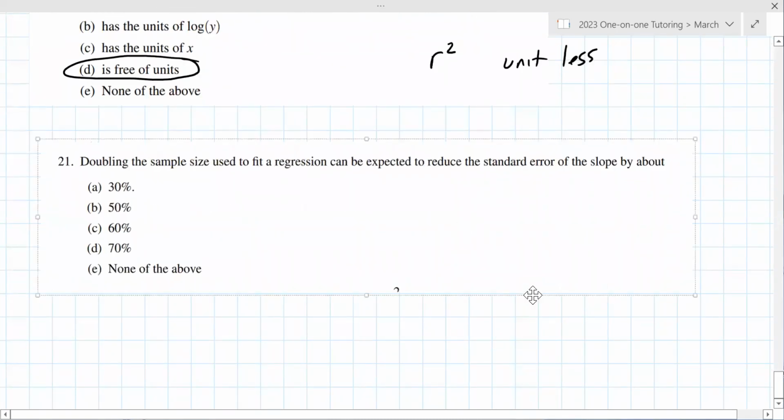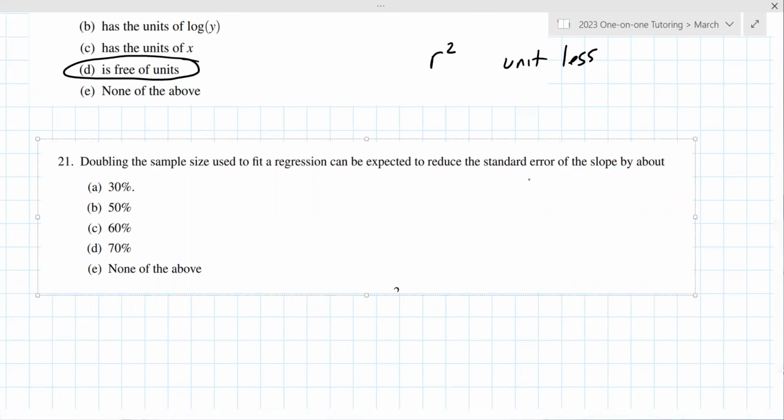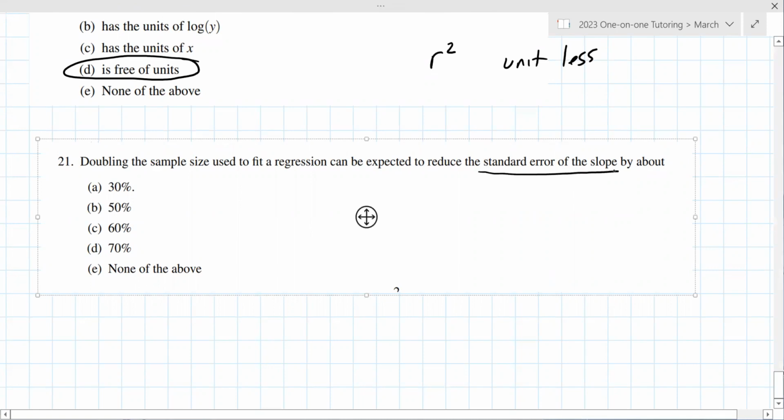And then 21: doubling the sample size used to fit a regression can be expected to reduce the standard error of the slope by about. So the standard error is the standard deviation over the root of n.